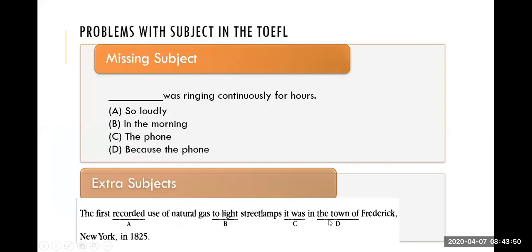It says that it is correct, but actually, as you can see here, "the first recorded use of natural gas to light street lamps" is already a phrase, but they also use the word "it" here. So there are two nouns, two subjects. There is an extra subject.